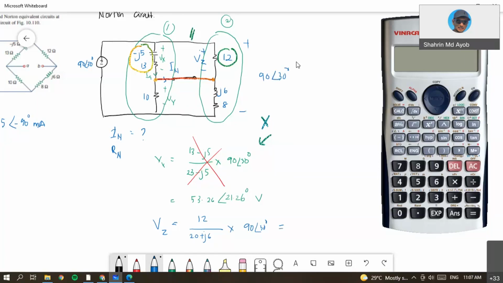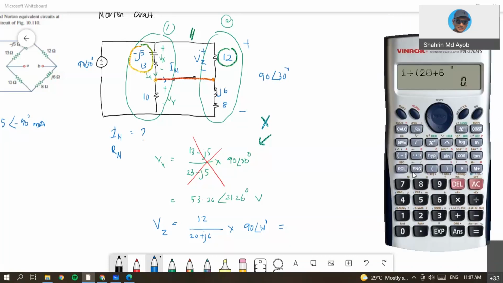Vz, the voltage across the 12 ohm. 12 over 20 plus J6, complex mode.